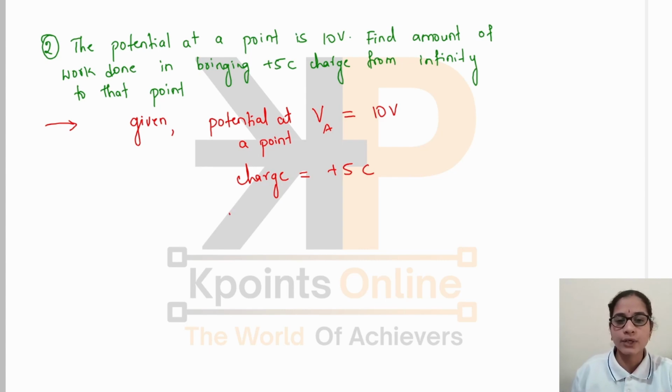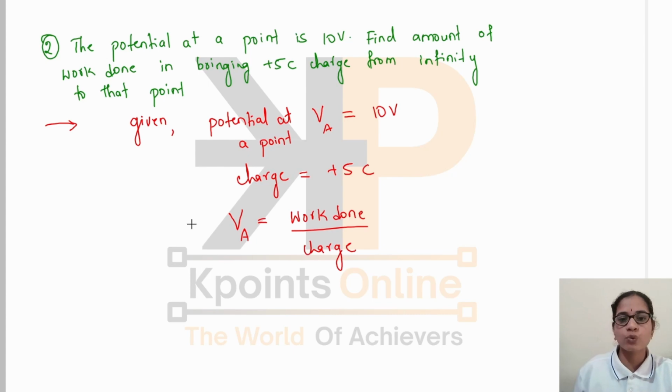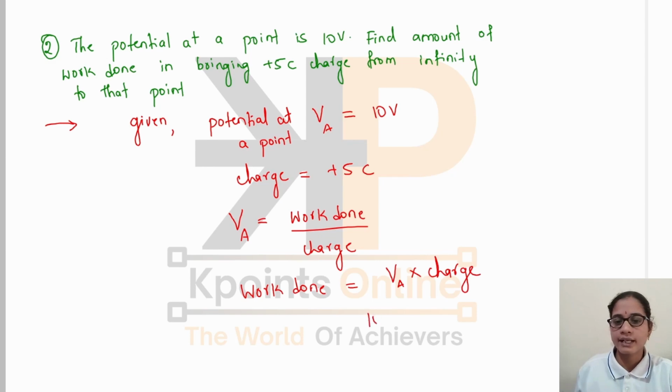We know the formula. Potential at a point is given by work done in moving the charge from infinity to that point divided by charge. So we have to calculate here work done. It is equal to potential at that point into charge. 10 joule per coulomb. What is the charge? 5 coulomb.